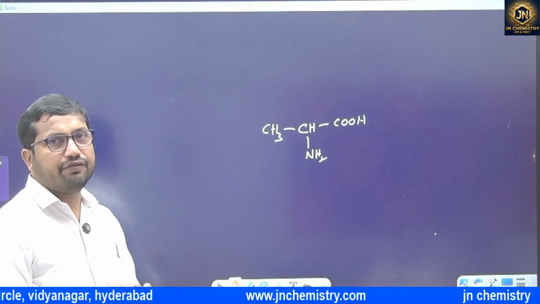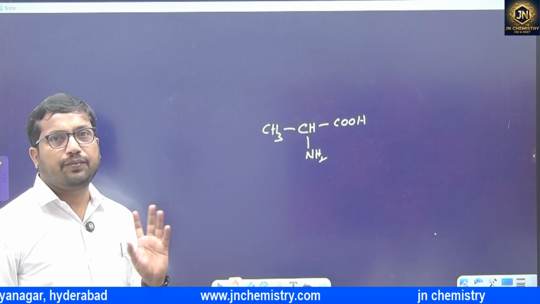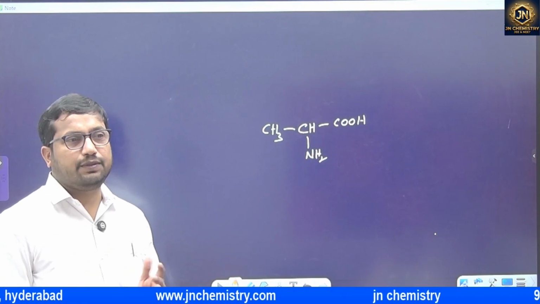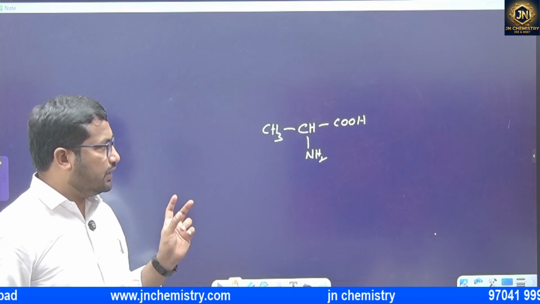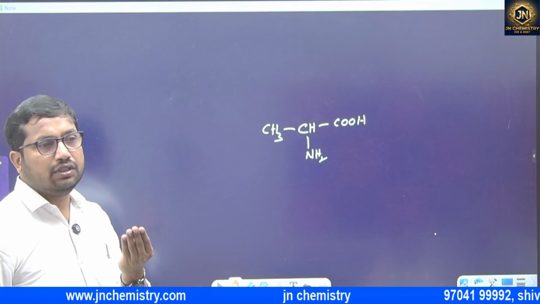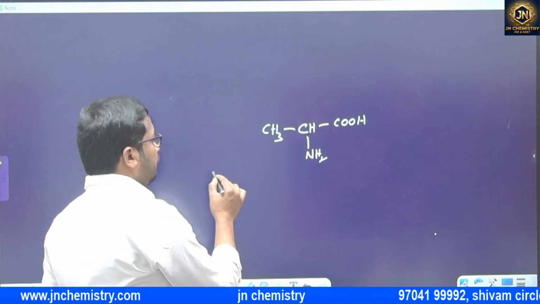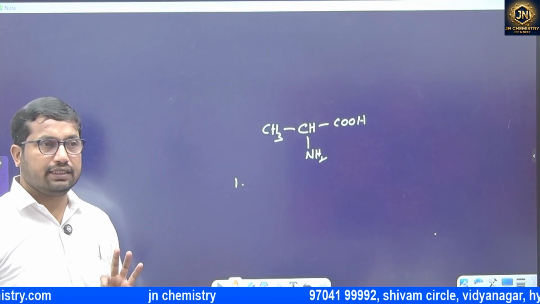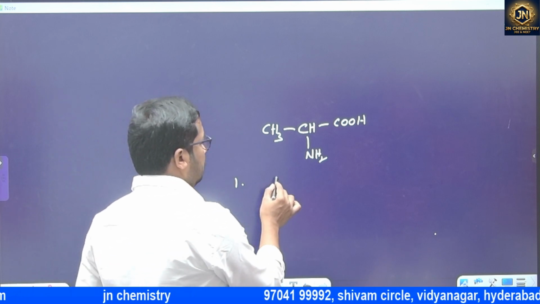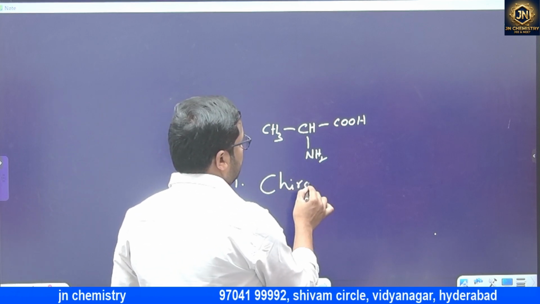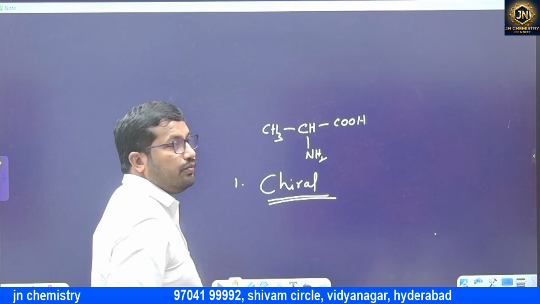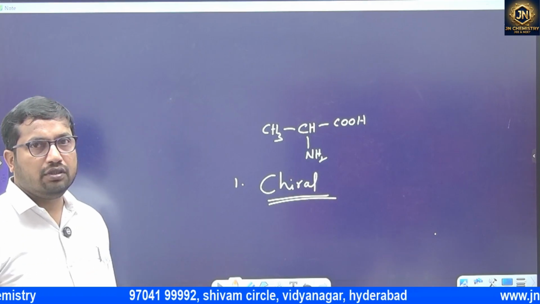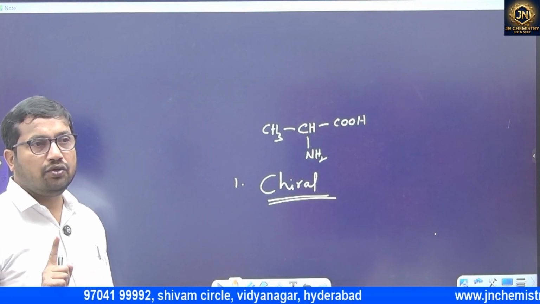To know whether any compound is optically active, we can't do the experiment every time. So for that purpose, we need to know 3 important things. The first important point: the compound should have at least 1 chiral center.